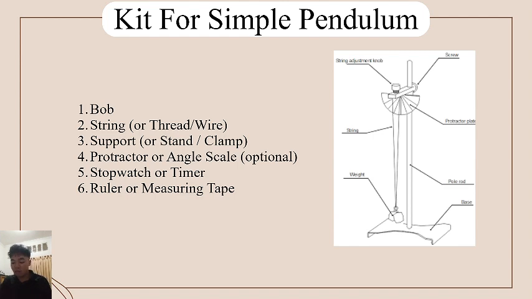Number 5 is the stopwatch, used to measure the time period, the time taken for one complete oscillation. Accurate timing is essential for calculating gravitational acceleration or verifying the period formula. And the last is the ruler, used to measure the length of the pendulum from the point of suspension to the center of the bob.